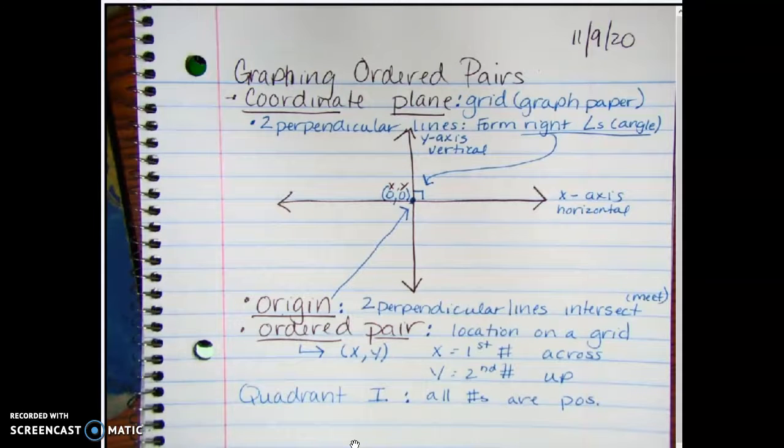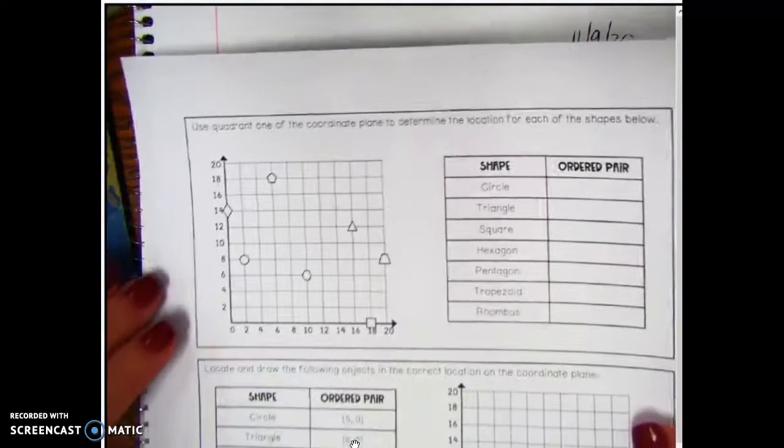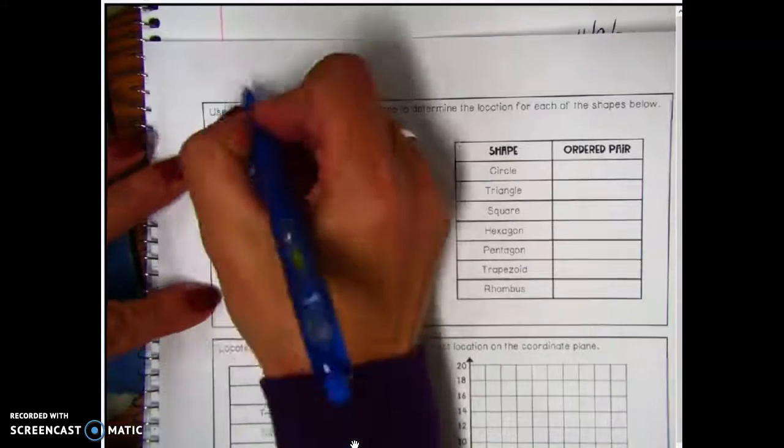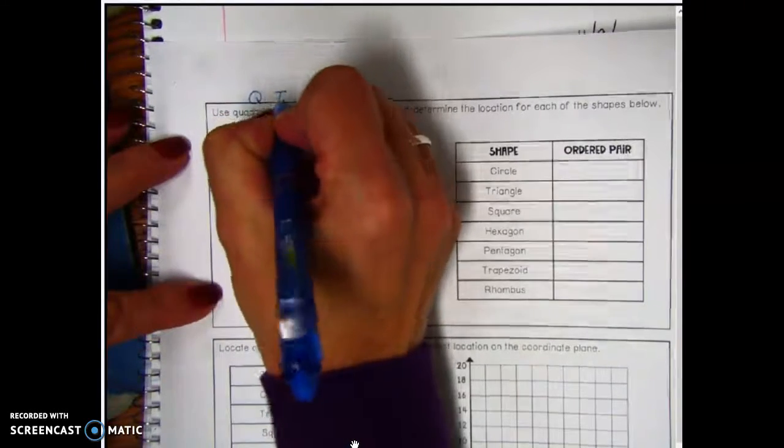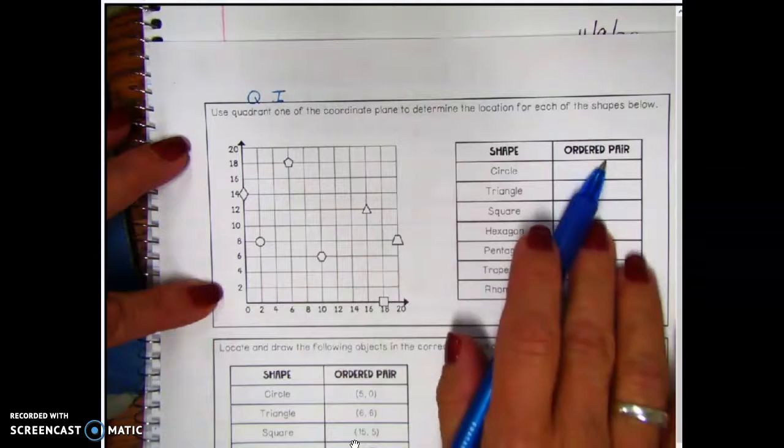Now, I'm going to go ahead and grab a sheet of paper so that we can graph some points. We did this in class. This was all of our notes. So here, what we're going to do is graph in quadrant 1, or actually, we're going to write the ordered pair.